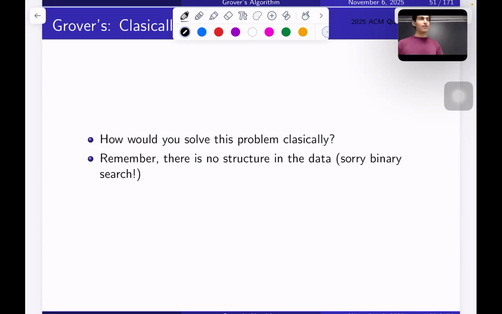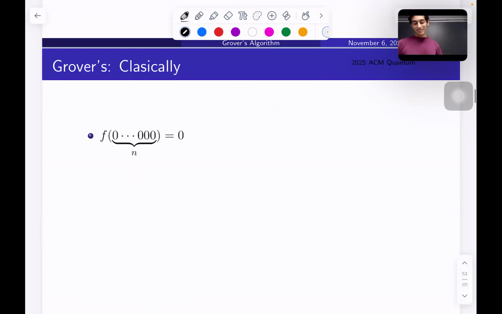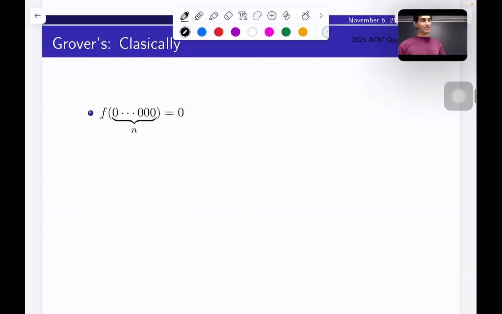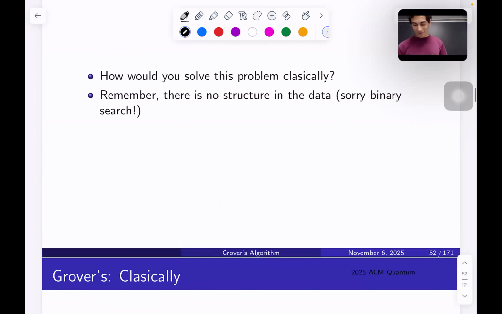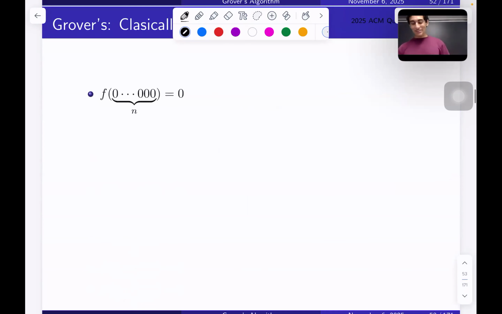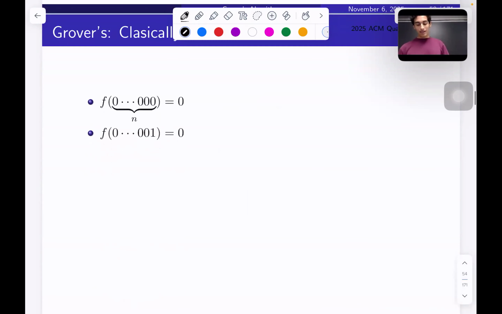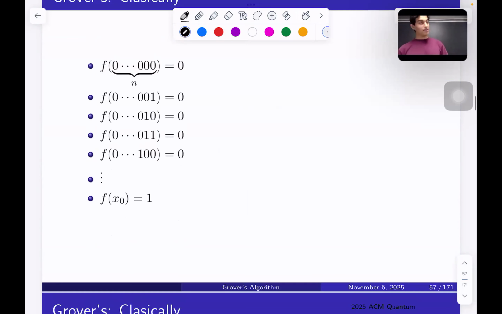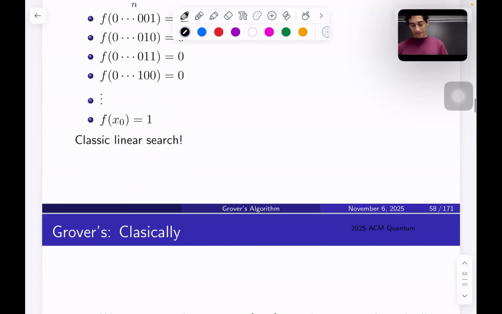So linear search is basically you start with n zeros, you input into the function, and say you get a 0, then you try the next bit string, then the next, you keep going, and eventually you'll hit the secret string, get a 1, and then you can just output it. Does that make sense? How we solve the problem classically? Okay, good. Linear search.